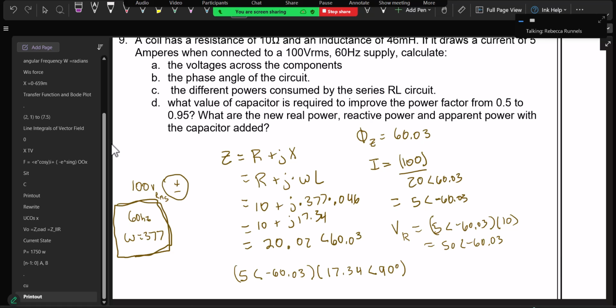And that gets me 86.7 angle negative 29.97 volts.